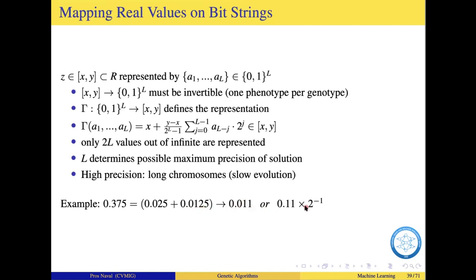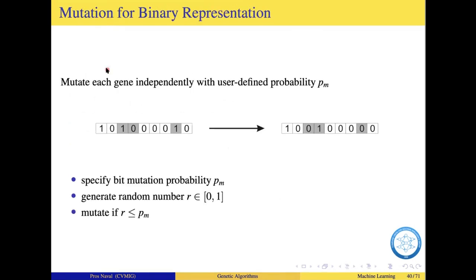It's this one, or that one. Now, how do you mutate that representation? We mutate each gene independently with the user-defined probability PM. So we specify the bit mutation probability PM. We generate a random number between 0 and 1, and we mutate if that random number is less than or equal to the specified bit mutation probability. So it's as simple as that.